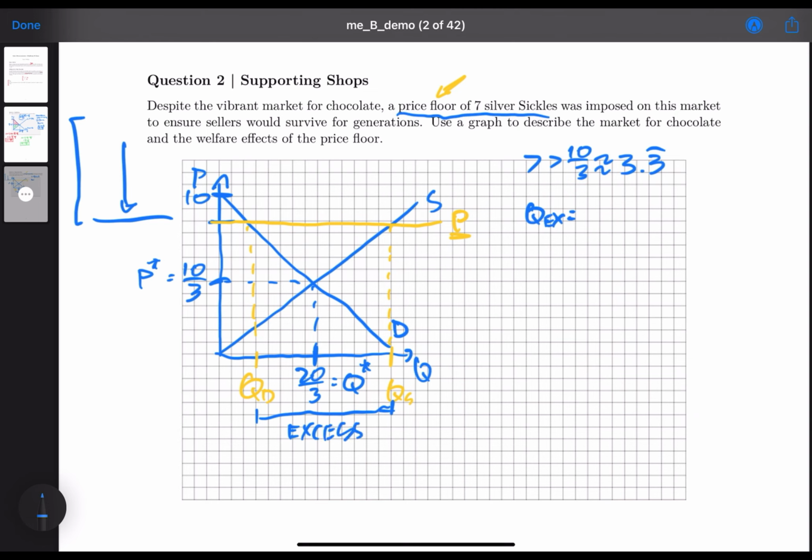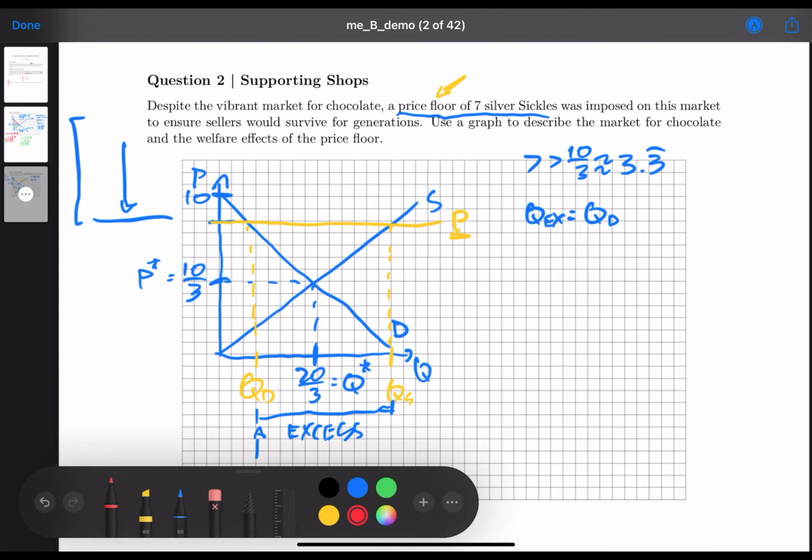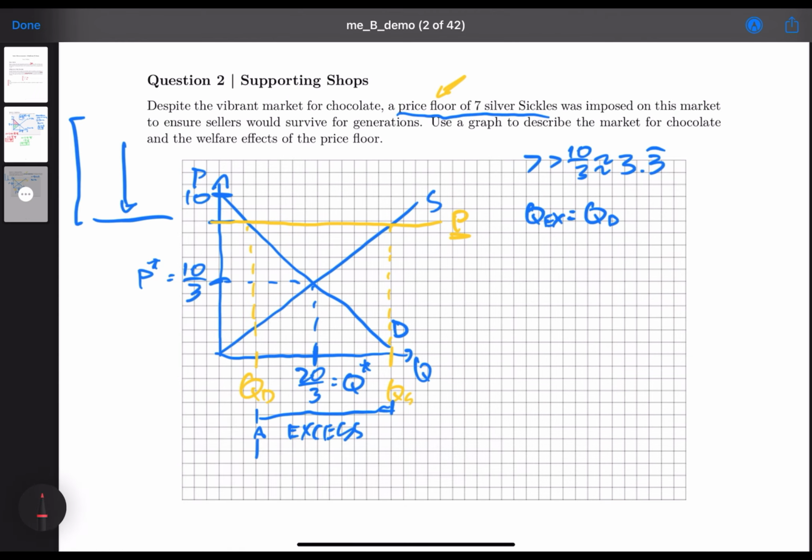So the quantity exchanged is just the minimum of the two. So there's QS that's brought to the market, but people don't want that much, so they only buy this much. So our quantity exchanged is QD. Okay. And we have an excess.